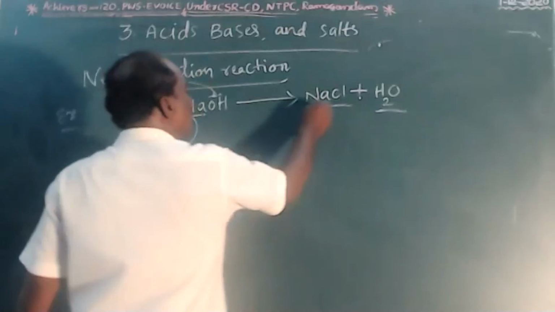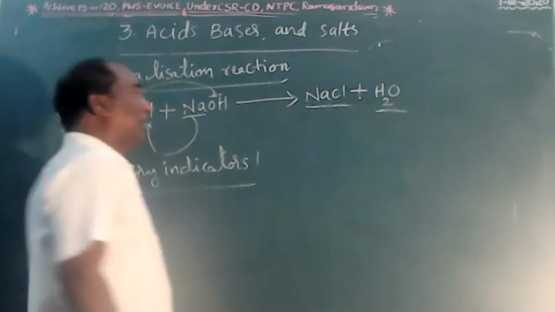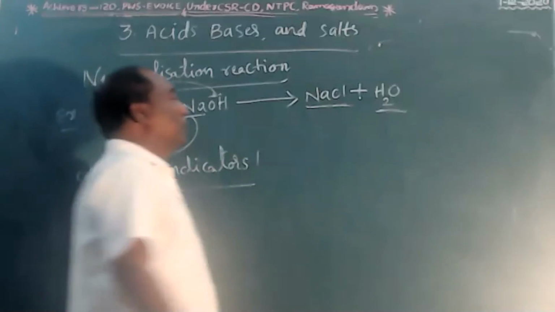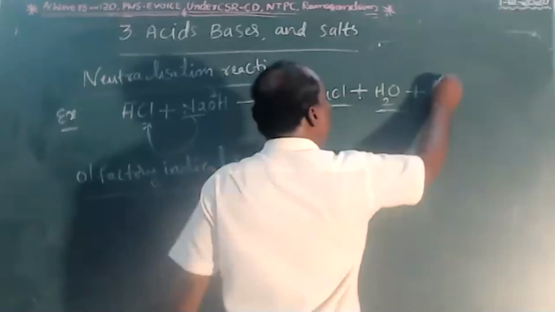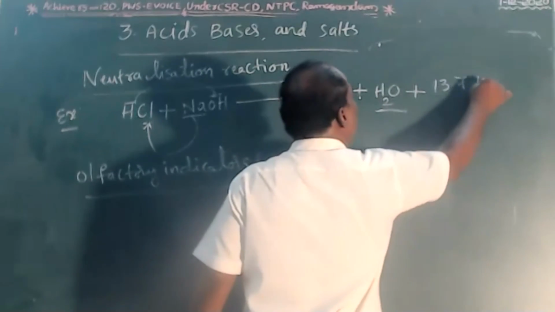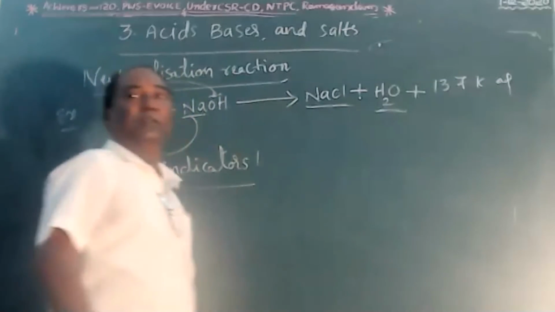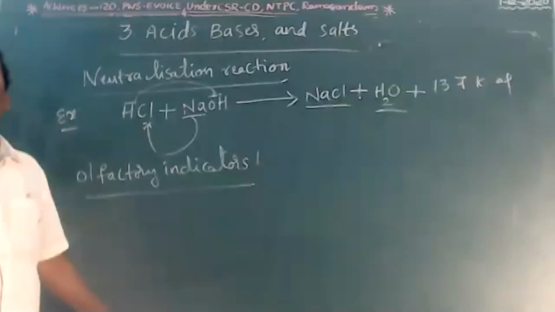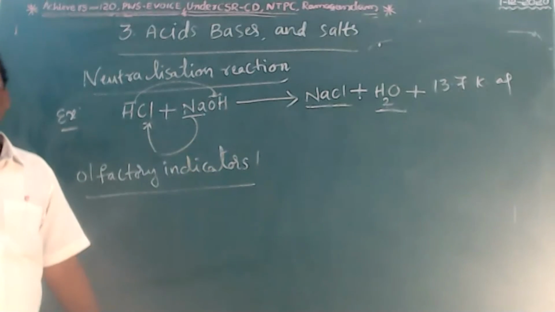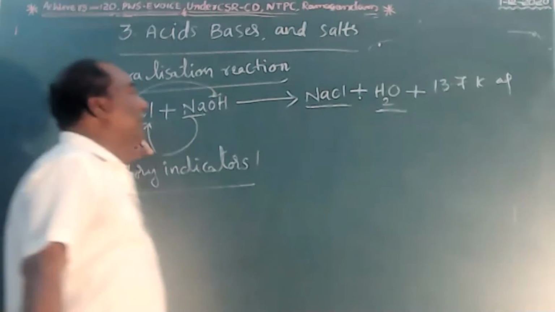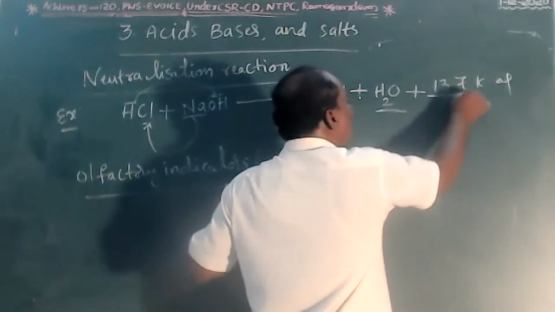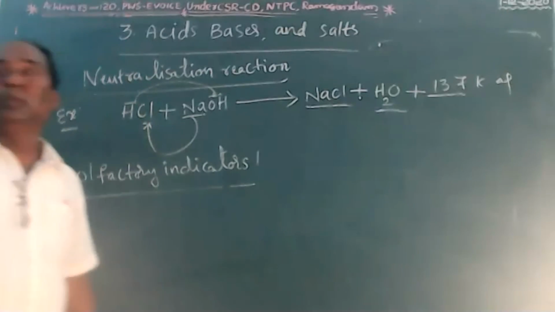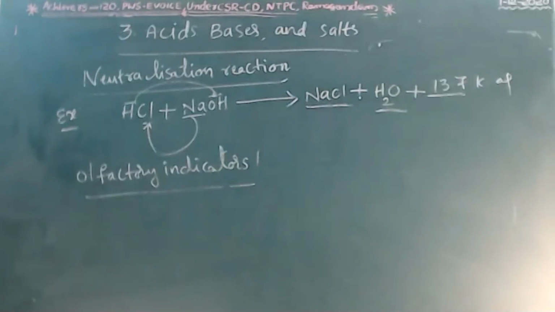Along with this, some amount of heat is also liberated, children, that is 13.7 kilocalories. This is called heat of neutralization. In this reaction, 13.7 kilocalories of heat will be liberated.